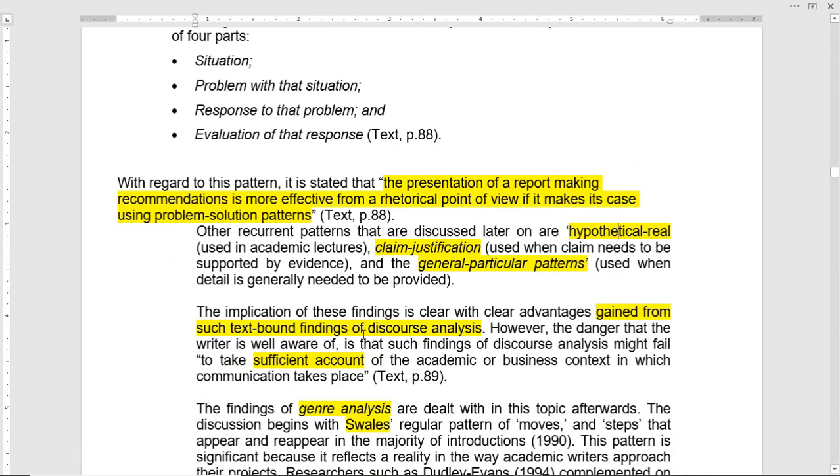So the discourse analysis within a text could be very essential, especially for academic purposes as well as for business purposes. So there are different approaches. For example, when you do a report, the approach could be in the genre or the discourse analysis: hypothetical to real, claim to justification, general to particular patterns.